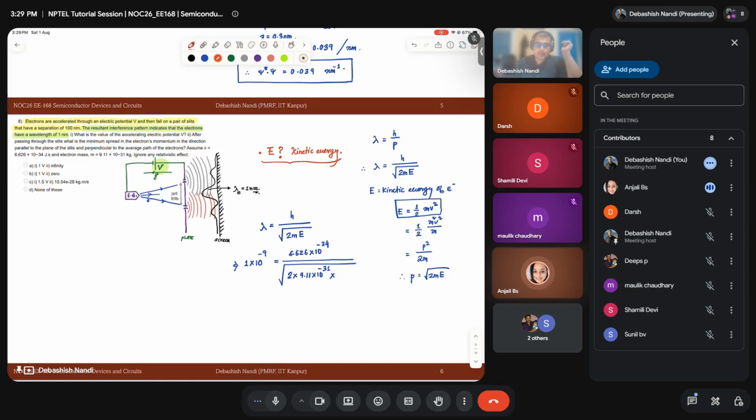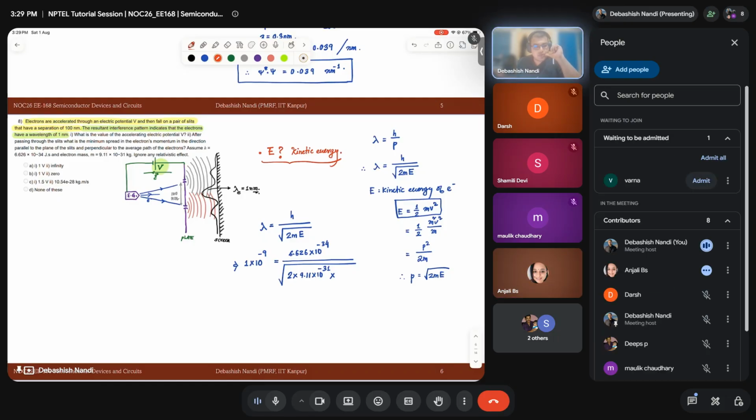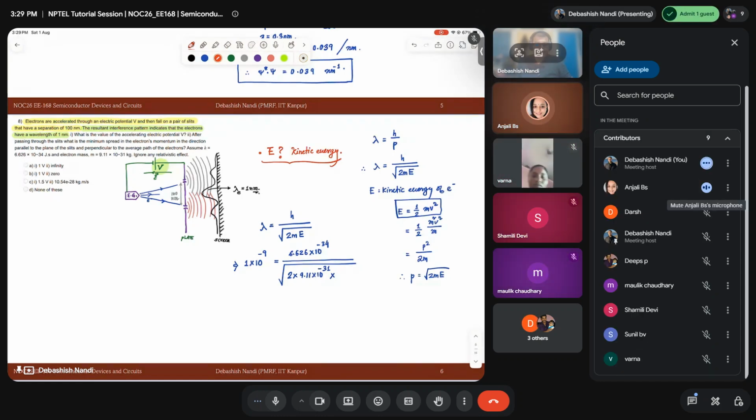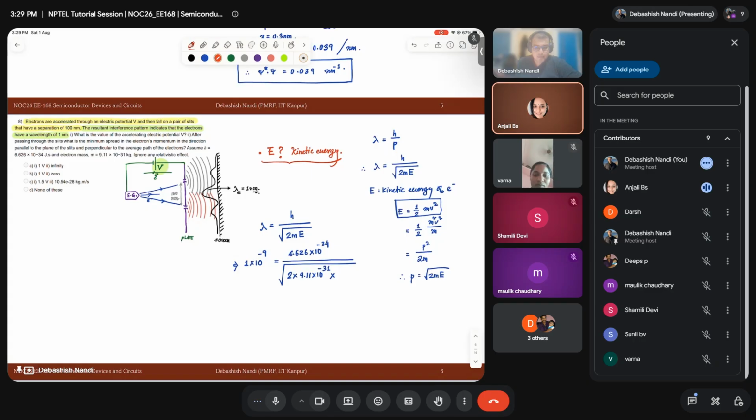After finding E from this, we can find the potential. E we can find from here, since all the other parameters are known and only E is unknown.